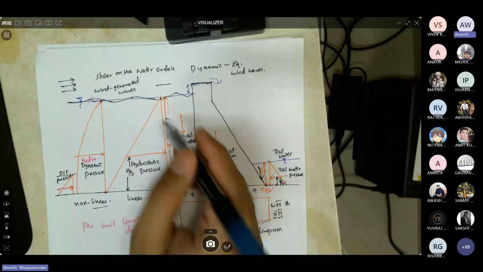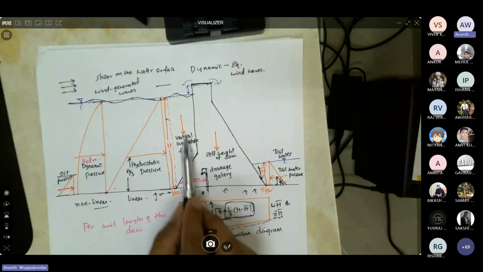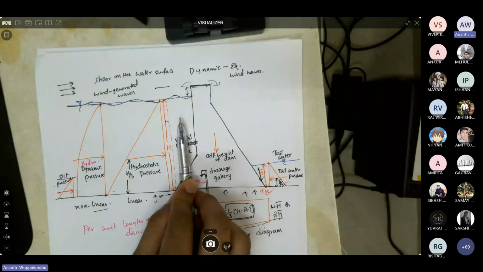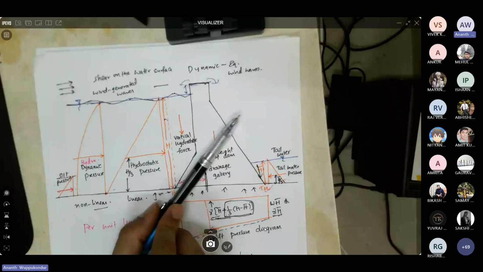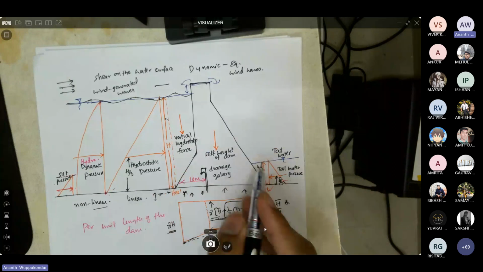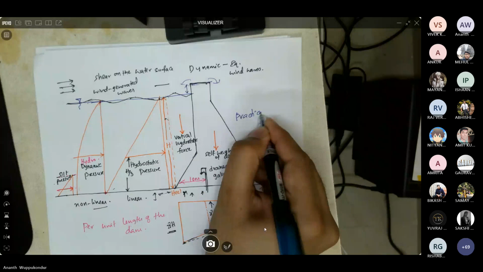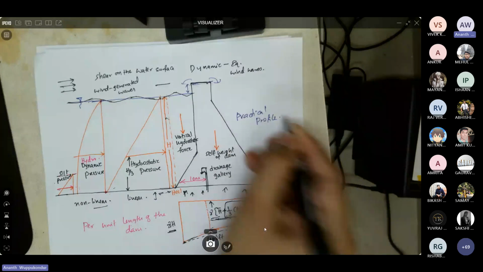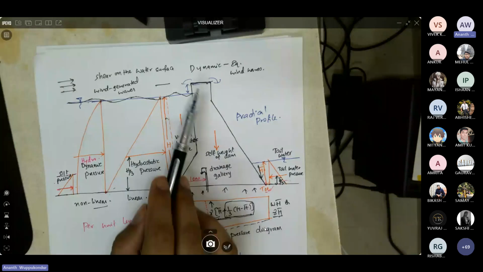So this vertical portion of the water in the reservoir provides a moment in the anti-clockwise direction, which resists overturning. That is why we provide an inclined face on the upstream. This is called a practical profile. In this practical profile, we consider a top width and we also have an inclined upstream face.